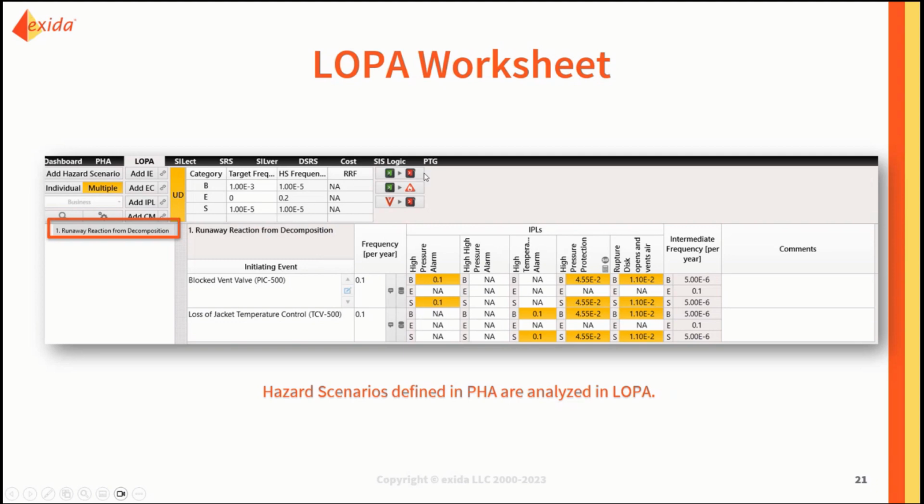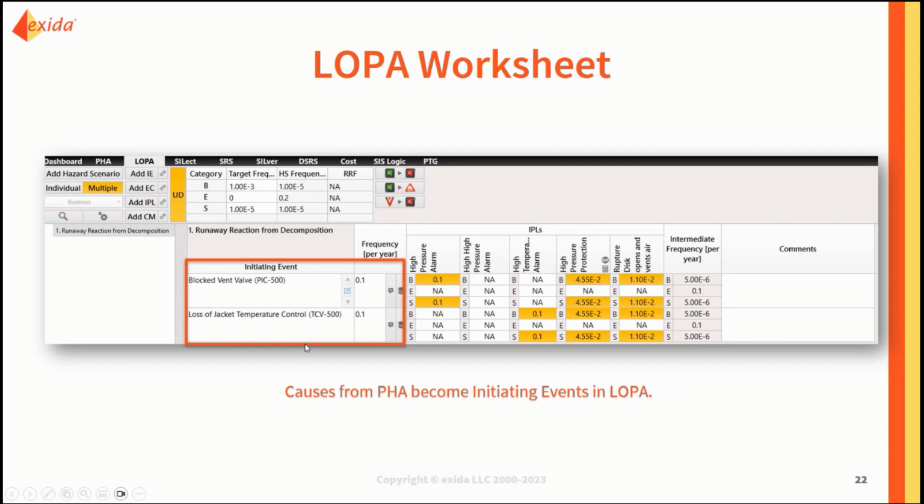One brings over information for all hazard scenarios at once, and one brings over information for one at a time. And once you do that, your causes are going to move over to the LOPA as initiating events. The initiating event can be given a frequency. You can enter it directly or use our database to determine the frequency of this initiating event.